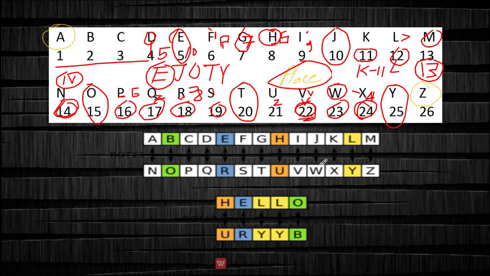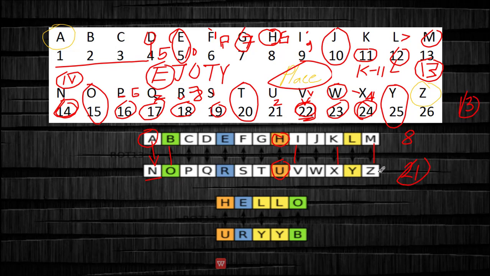And besides this, we also have to memorize the opposite letters. Like A's opposite letter is N, B's opposite is O. In that way we also have to memorize the opposite letters. Like H's opposite is U, because H's value is 8 and U's value is 21.